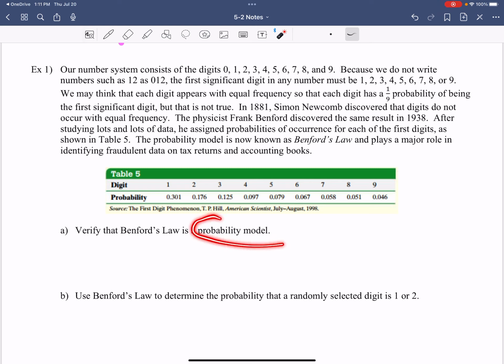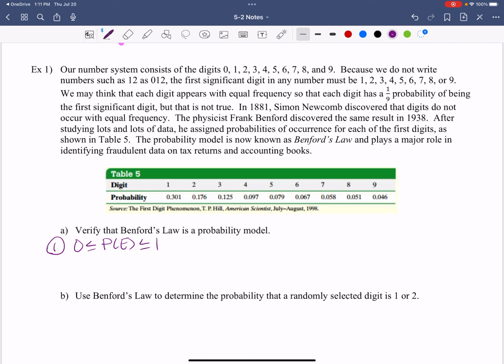So think about what we did last section. If we want to find a probability model, there's two criteria associated with that. Do you remember what they are? What was the first one? Yes, all probabilities have to be between 0 and 1 inclusive. So we've got 0 is less than or equal to the probability of the event, which is less than or equal to 1.